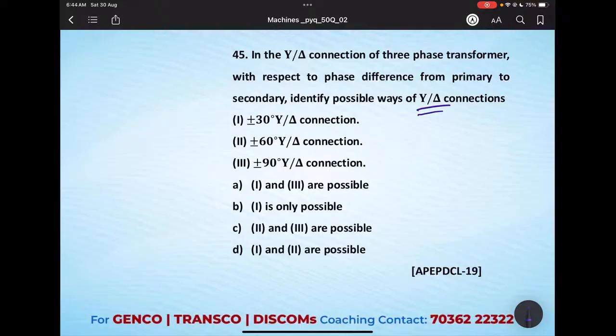In three-phase transformers, based on the phasor diagram, it will vary. There is a possibility of two types of connections, especially based on the secondary connections. Let's see what the possible ways of star delta connection are.